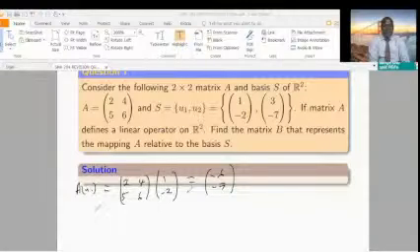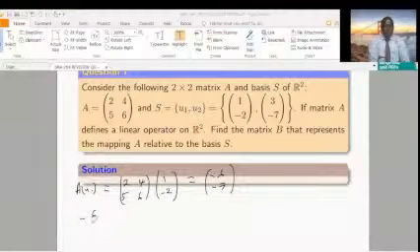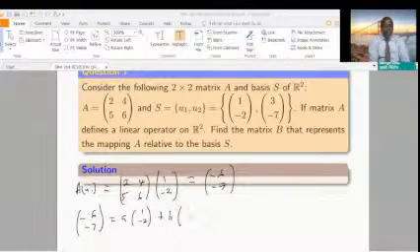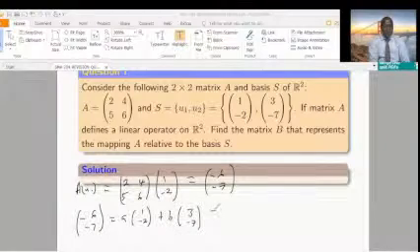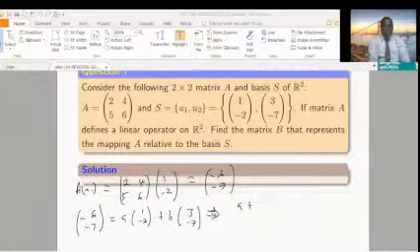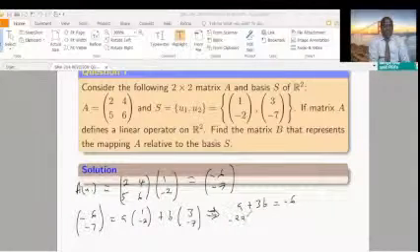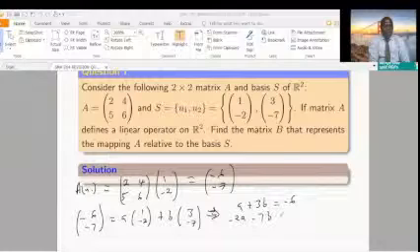So now, write this negative 6, negative 7 as a linear combination of 1, negative 2, and 3, negative 7. This gives you A plus 3B equals negative 6, and negative 2A minus 7B equals negative 7.